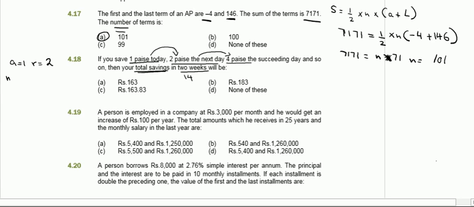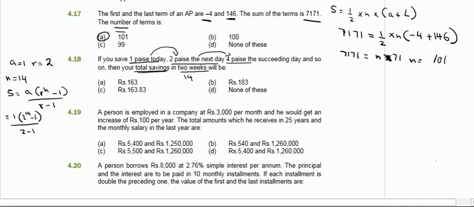We have 14 days in 2 weeks, so n will be 14, and we are supposed to calculate the total amount which we will save, which is the sum of the first 14 terms in a geometric progression. S is equal to A times (R power n minus 1) divided by (R minus 1). This will be 1 times (2 power 14 minus 1) divided by (2 minus 1).